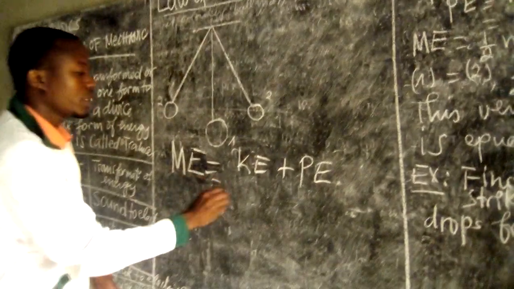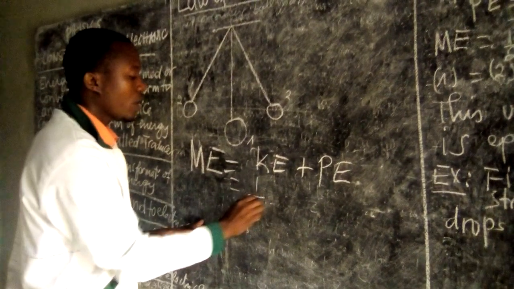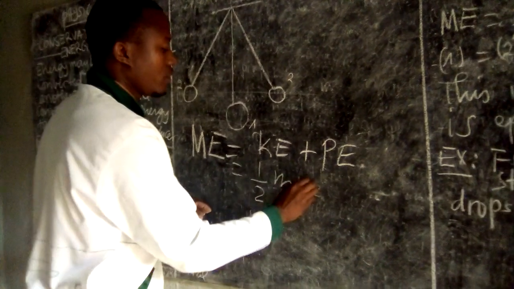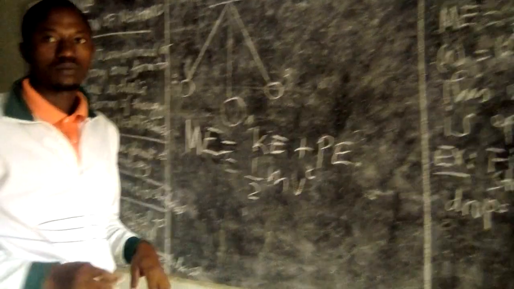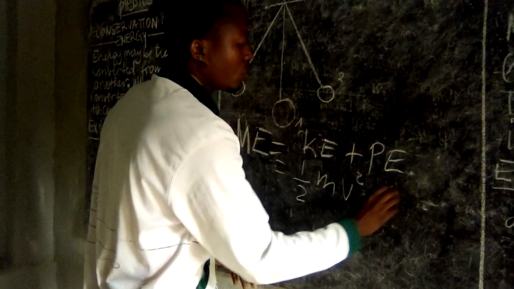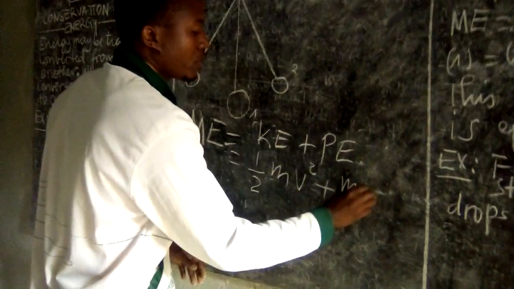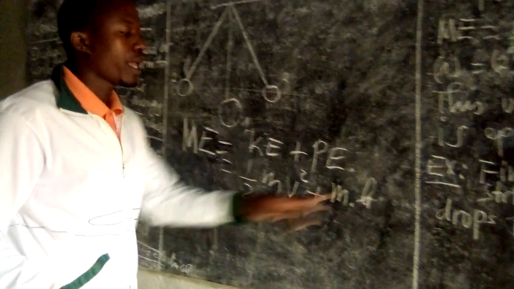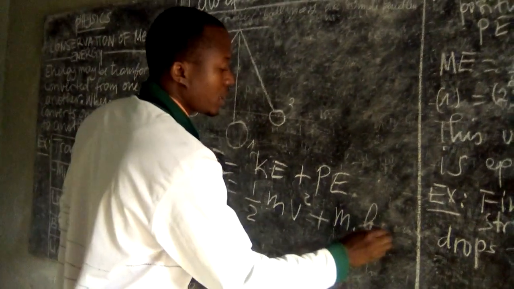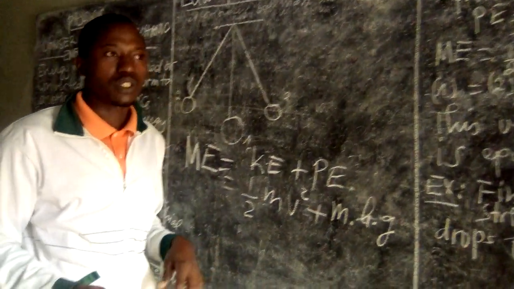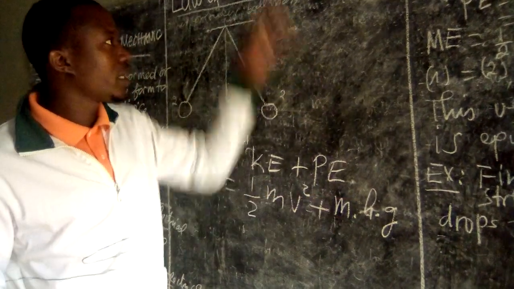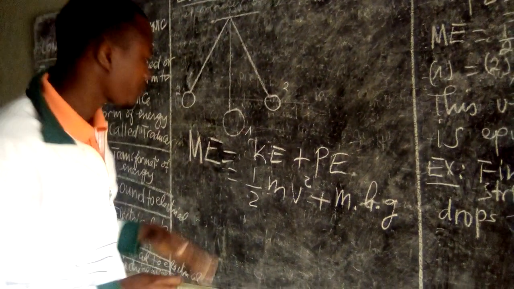Kinetic energy is equal to 1/2 mass times the velocity squared. Potential energy is equal to mass times h times the gravitational force, where h is the position of the bob. Gravitational force is a force that attracts anything above the ground.